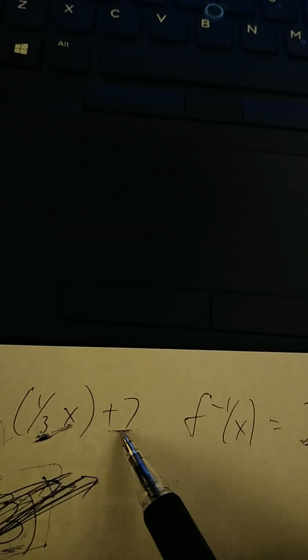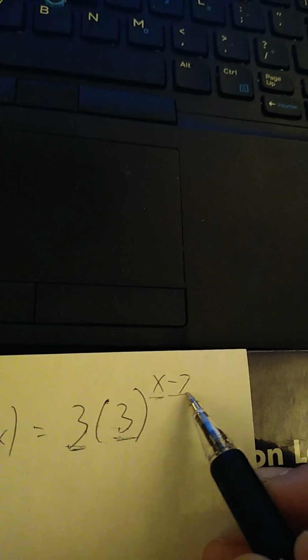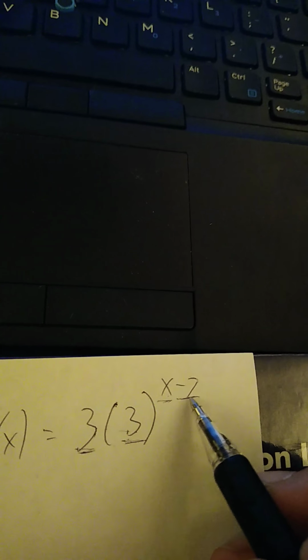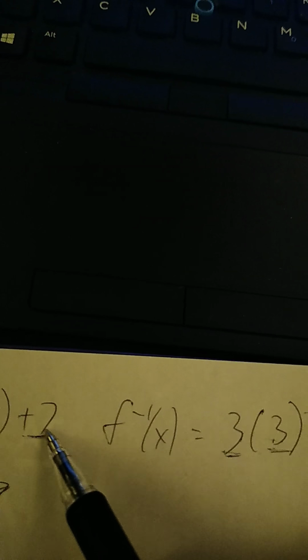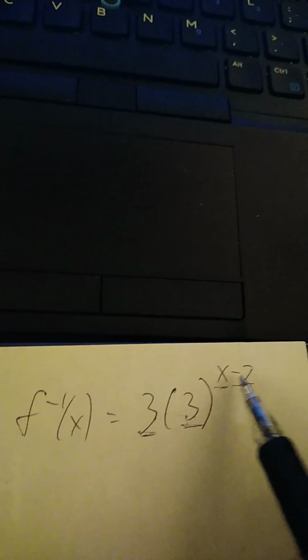In the logarithm, I had a plus 7. That's outside, so I'm going to go inside, and again, inside means inside the exponent for an exponential, and I'm going to do minus 7. Plus 7, minus 7. We do the inverse operation, and we change where it is in the problem.